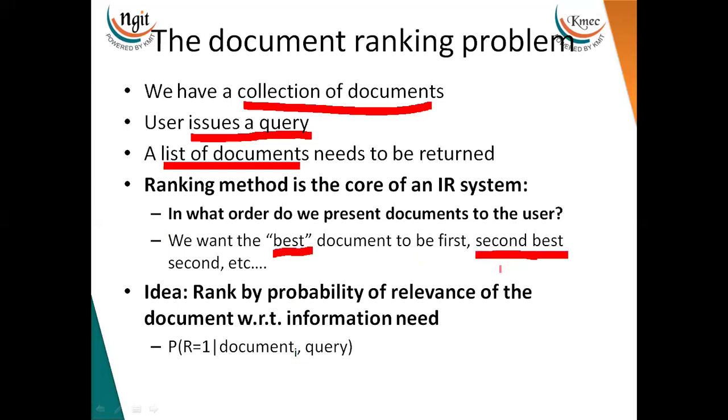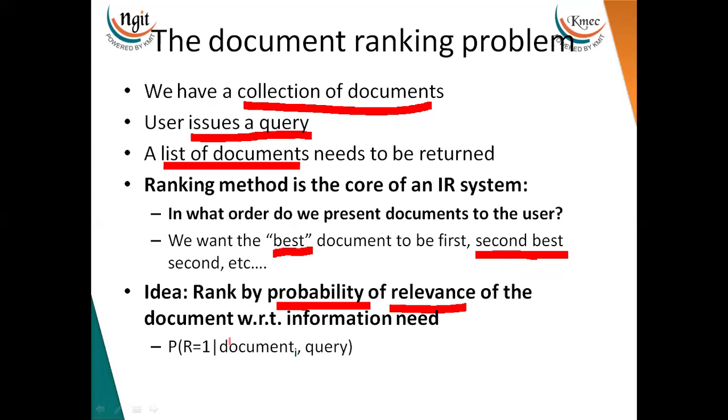We have seen in the Google search engine that the most relevant website, which is giving the answer to our information need, will appear at the top. Then below that, the less relevant ones. Like that, they are arranging the sequence of the websites. So each document we are ranking based on the probability of relevance.